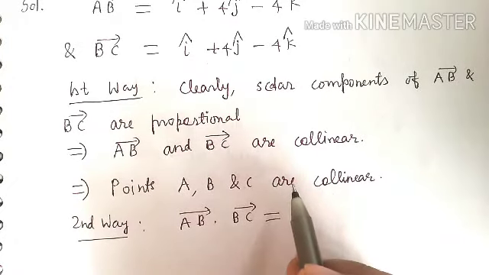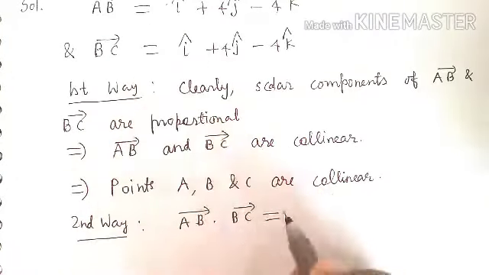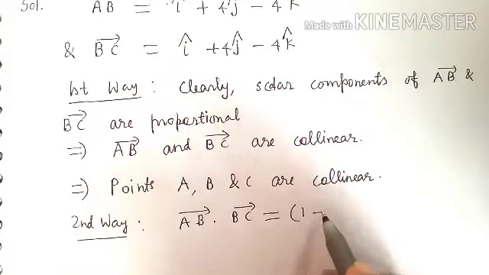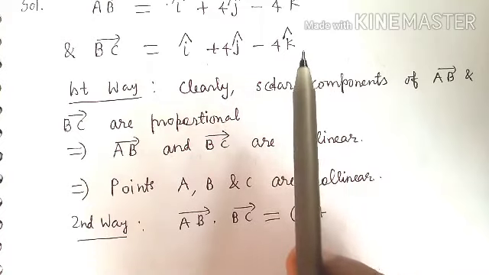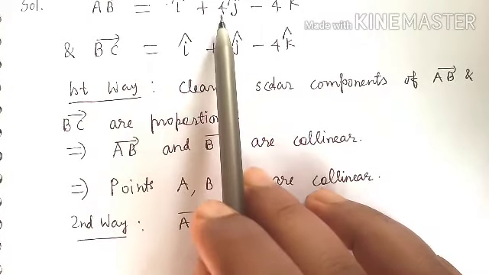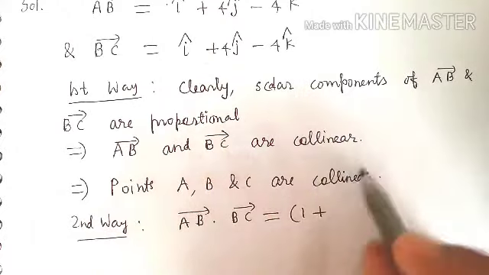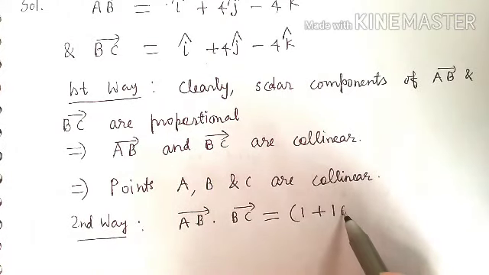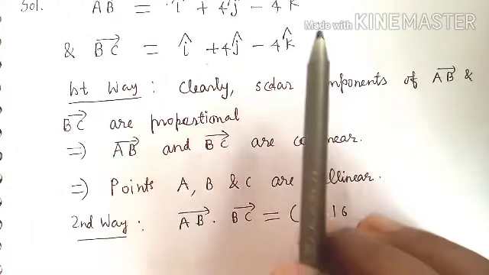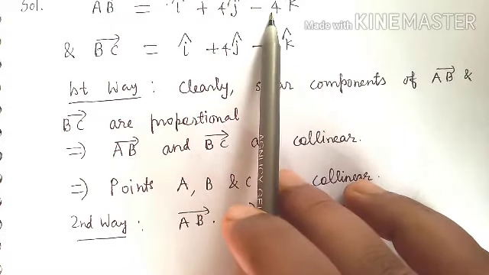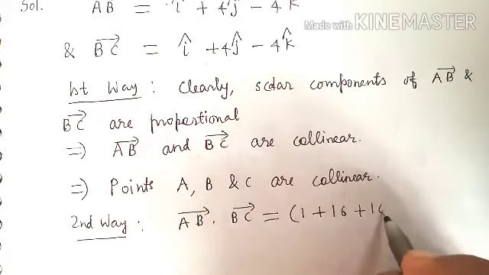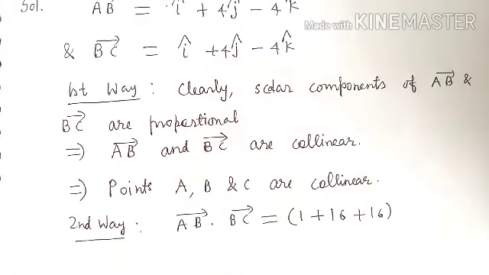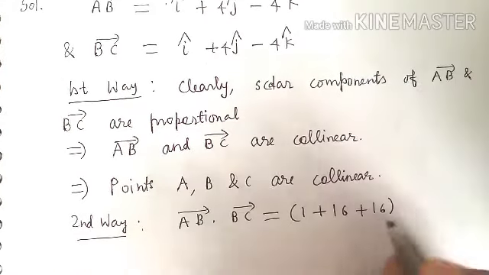This is a1 into b1, 1, a2 into b2, 4 into 4, 16, a3 into b3, 16. This is 33.